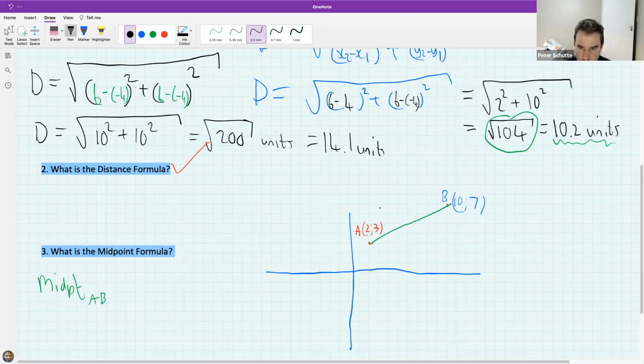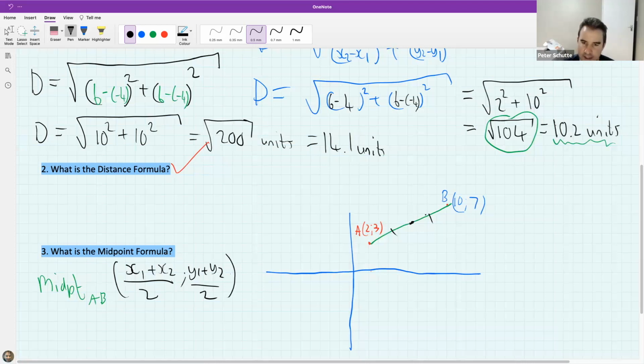All we do to find the midpoint between A and B is take the first x coordinate, add the second x coordinate, and divide it by 2. That gives you the x coordinate of the midpoint, so the midpoint is going to be somewhere in the middle here. To find the y part of the midpoint, it's just going to be y1 plus y2 divided by 2.